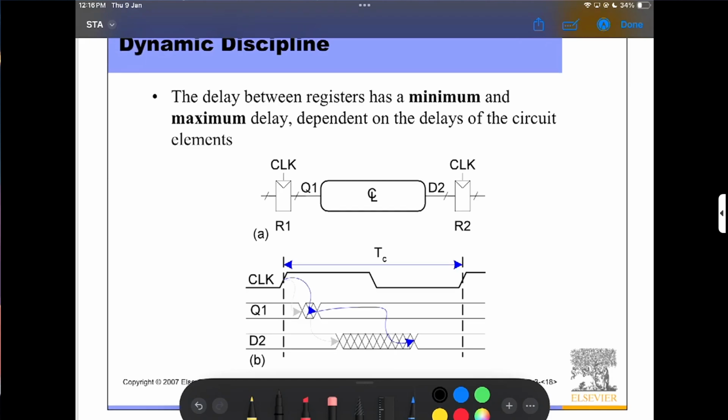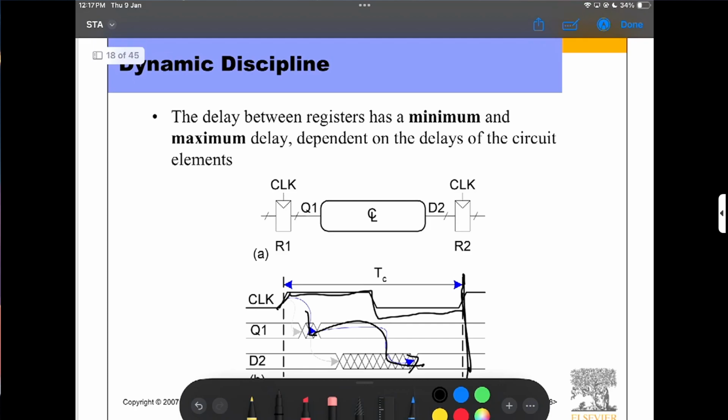Here is Q1 and here is Q2, and here is the clock. Those are the changes, and here are the changes in D2 as well.